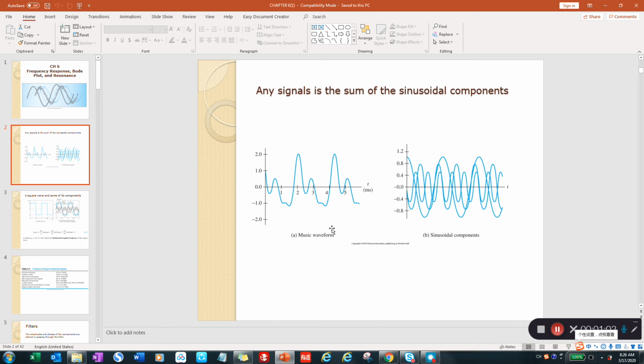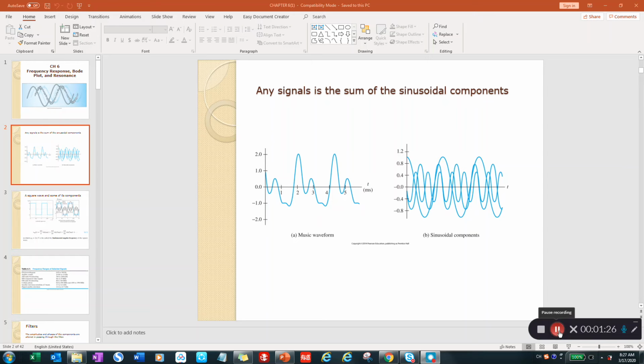Here you can see this example. The left graph is the music waveform, and the right-hand side is the sinusoidal components of this waveform. These sinusoidal components have different frequency and different amplitude. Also, they may have different phase angle.